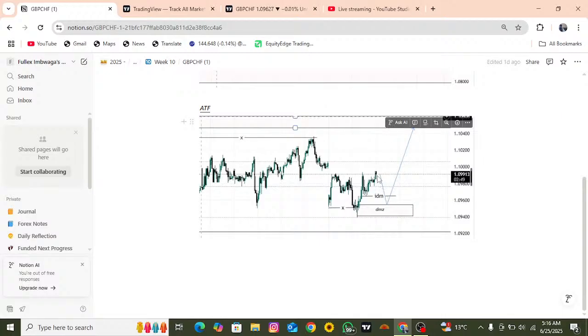I really wanted the market to come down, collect liquidity before rallying to the supply, but instead it rallied to the supply directly, so I didn't get a very nice entry. It rallied but did not touch the supply. I think I got a small entry somewhere, but the market did not tap the supply and came down immediately to my stop loss. So that's why I was hit. But yeah, let's go to a continuation.